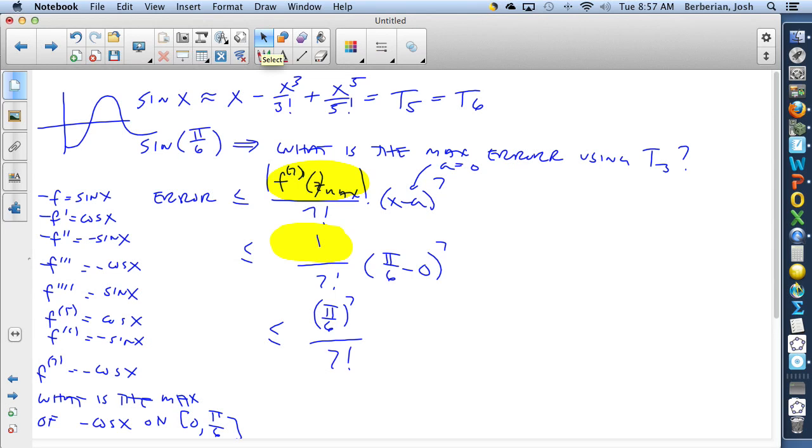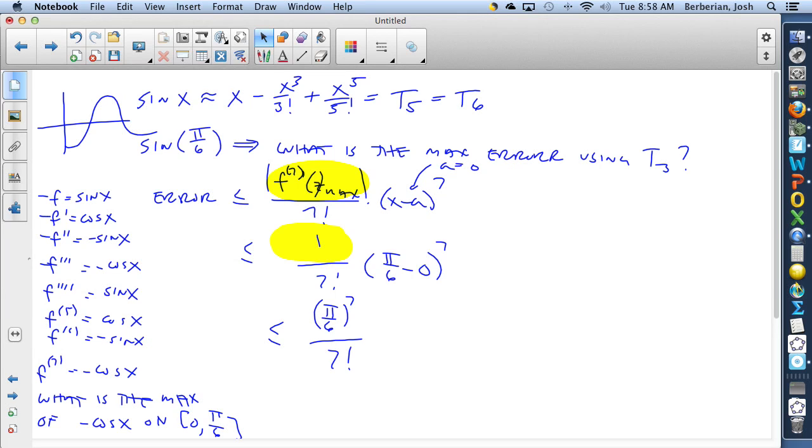And I want to tell you this. Do you agree that this would be the next term? Isn't that what the next term would be? And what kind of series is sine x? Alternating.